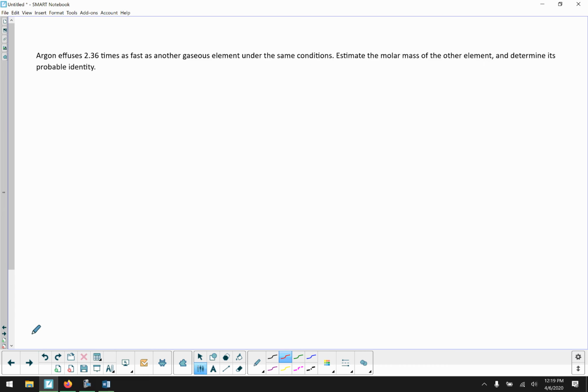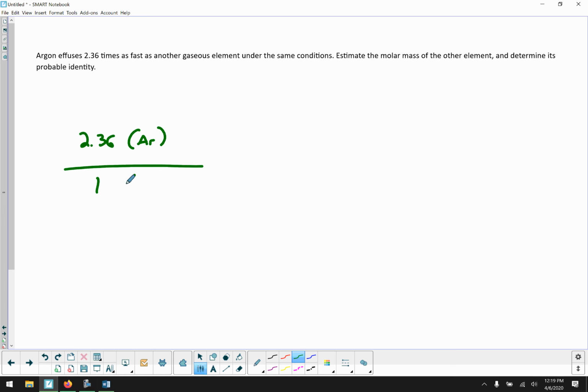Similar for the next question, argon diffuses 2.36 times as fast as another gas, so we have that ratio. So if you wanted to start setting up, your rate would be 2.36 for argon, and then just set the other one to 1.